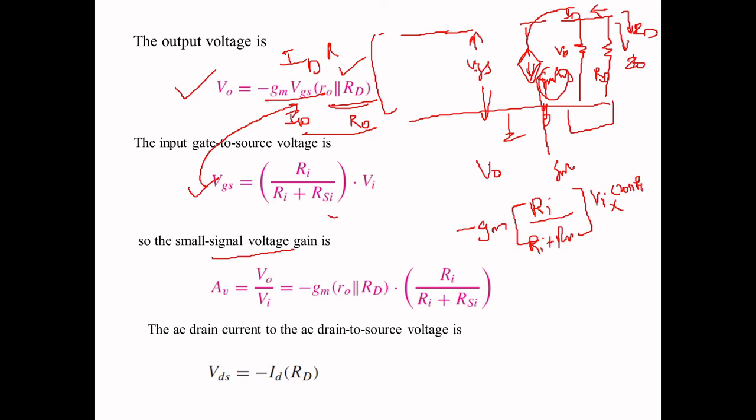The only thing is you want to correlate and study. So this is your V naught. You divide this by Vi so that you get your voltage gain Av. Vi will get cancelled, and you will get minus GM R naught parallel to RD into Ri divided by Ri plus Rsi.